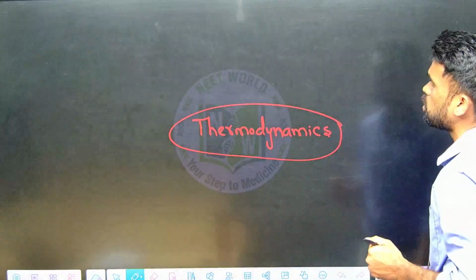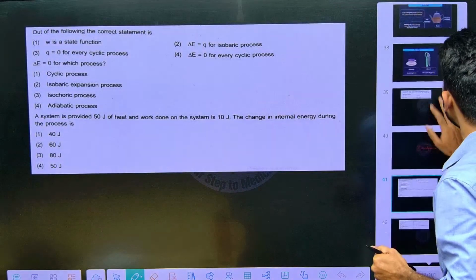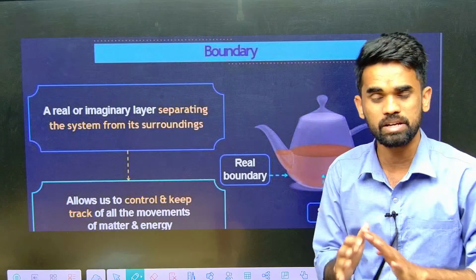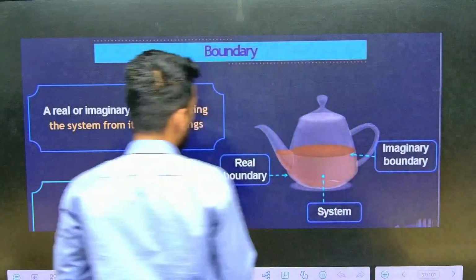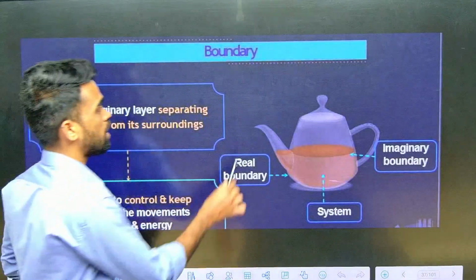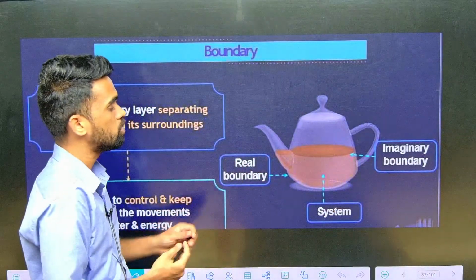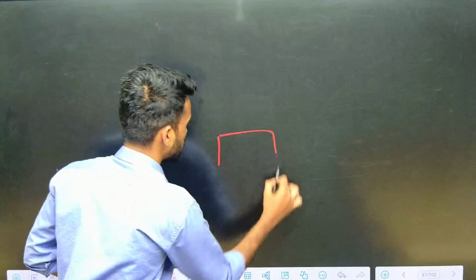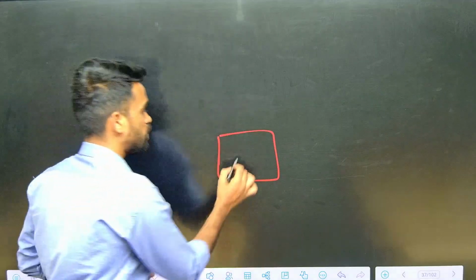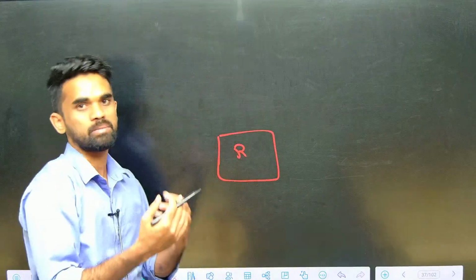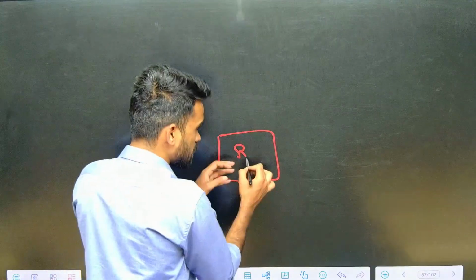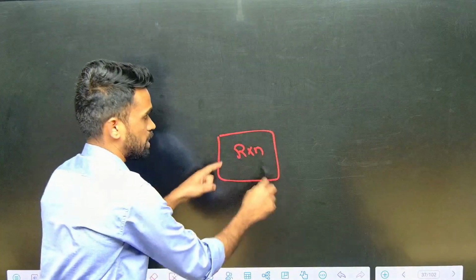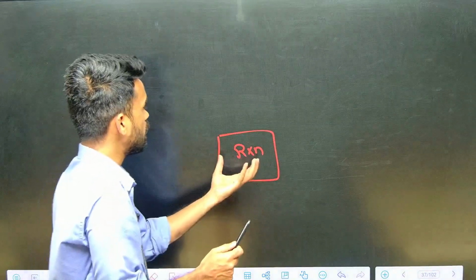Now I hope you know the basic terms to be used here, like what we mean by system, surrounding, boundary and all those things. I do not want to explain them again because you are already much aware of it. If you are doing a reaction, for example in this tea cup, or any normal container, in which a chemical reaction is taking place, whatever container I have taken is under my observation.